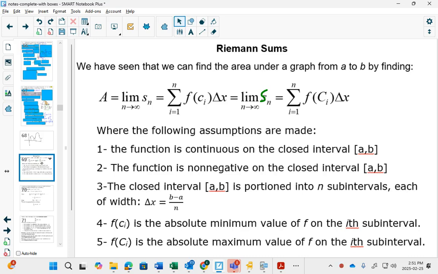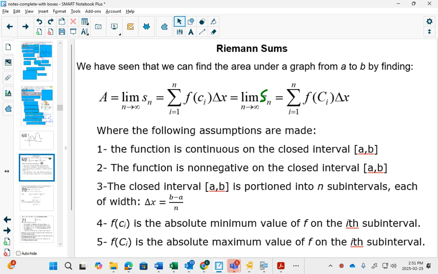First of all, the graphs that we've done so far have made the following assumptions. Your graph has to be continuous. If it's broken, it's very hard to do rectangles underneath parts that are broken. If there's asymptotes that go up forever, we've got issues with areas under those curves. So first of all, we want to make sure our function is continuous.